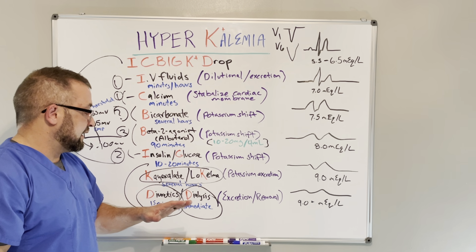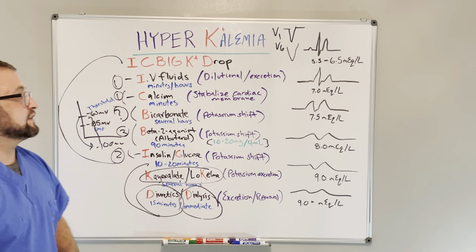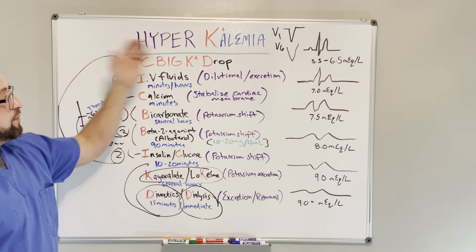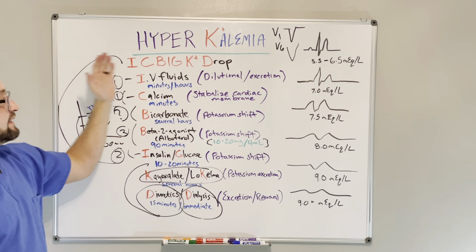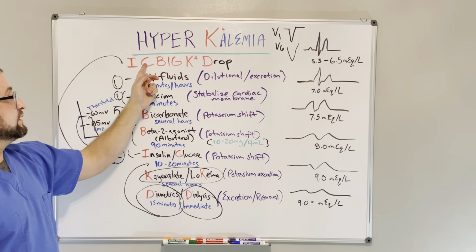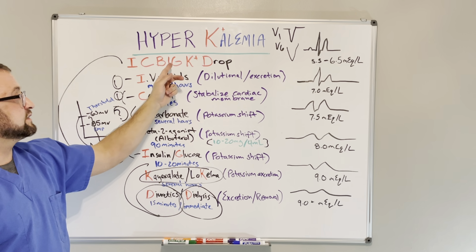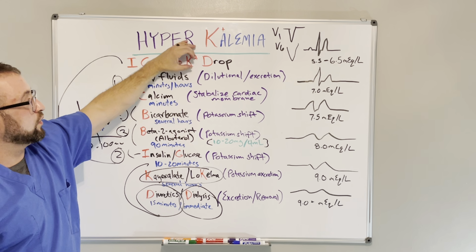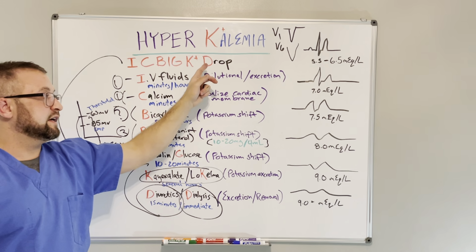But our D in this is for dialysis. So we'll go through this one more time. Our hyperkalemia management is going to be C big K drop, C big potassium drop. It's calcium gluconate, bicarb, insulin, glucose, K-Exalate or Lokelma, dialysis, and diuretics.